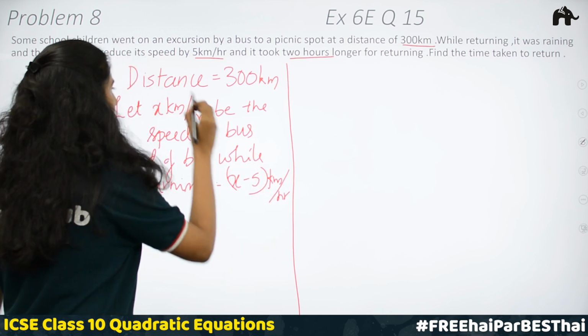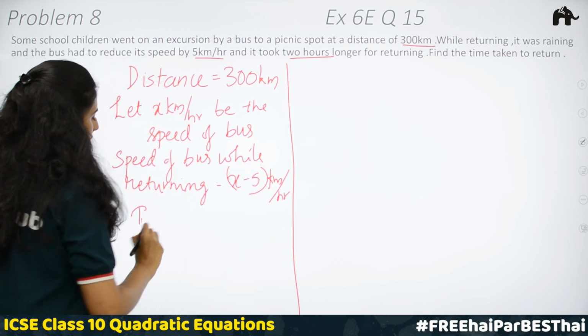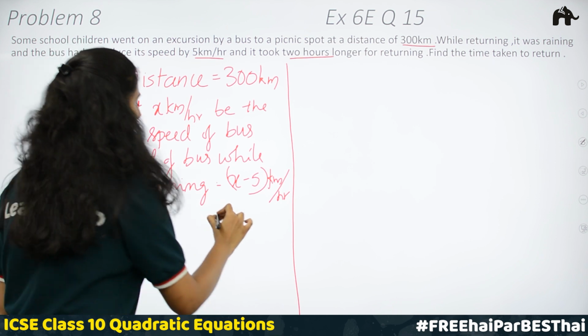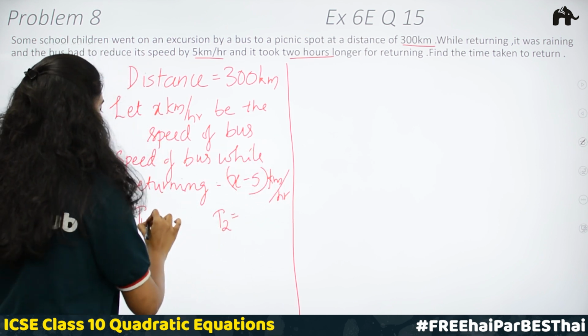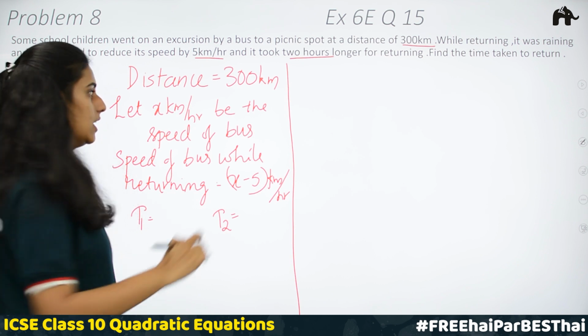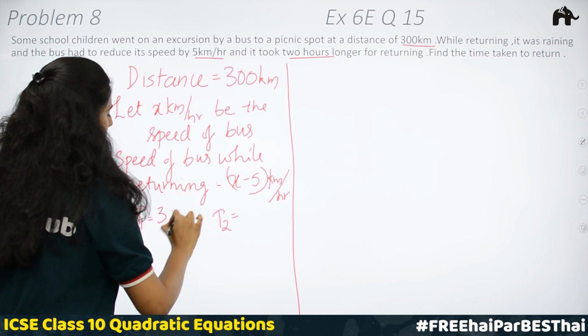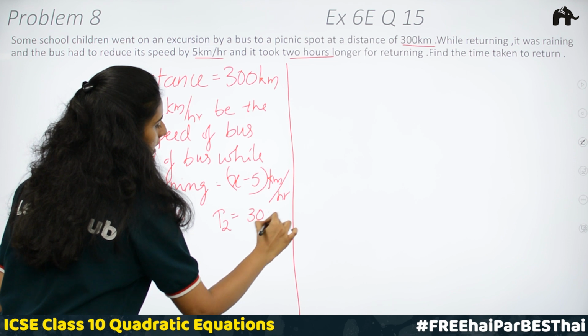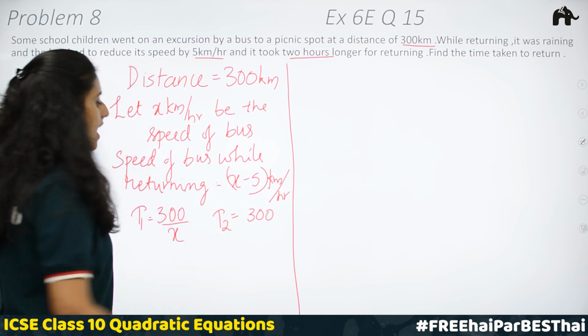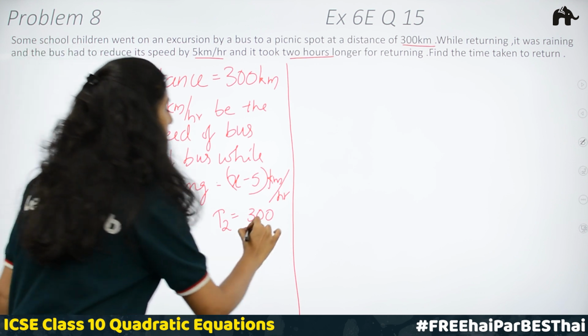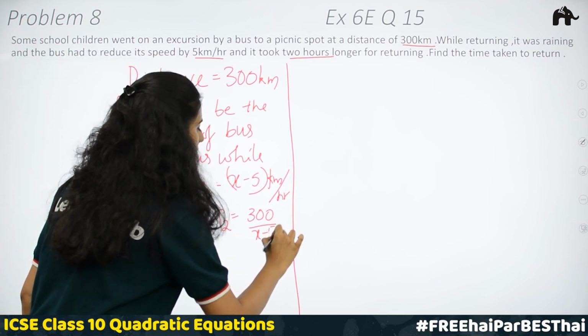Okay. Let T1 be the time taken to go and T2 be the time taken to return. We know time is equal to distance by speed. Here, in both the cases, distance is equal to 300. First case, the speed is x, and in second case, the speed is x minus 5.